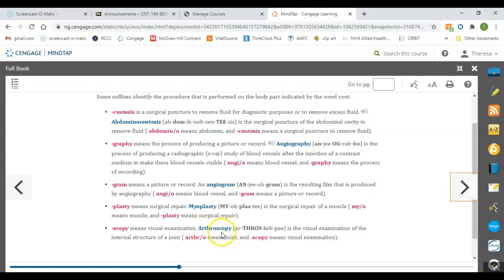So arthroscopy is a scope of a joint, usually pertaining to knees, but can be shoulders or other joints too. And please be careful, if it has a scopy at the end, it's arthroscopy, not arthroscope. You've got to make sure you get your pronunciation correct on those.